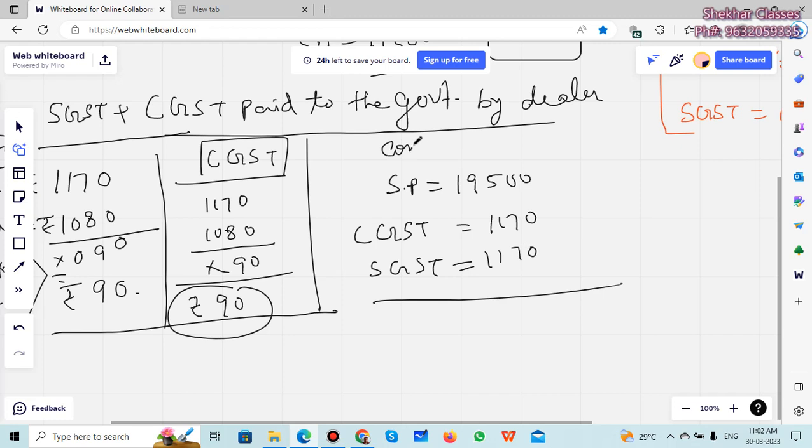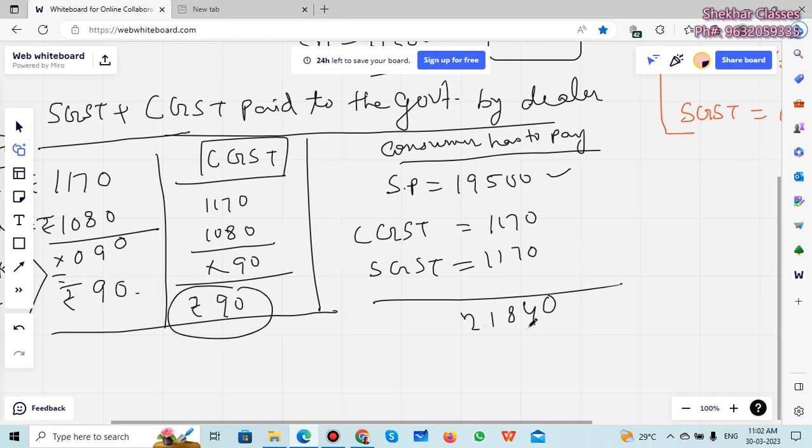So the consumer has to pay a total of how much? The selling price, which is the price that the dealer is selling at, plus CGST and SGST. Add them up, how much will that be? 0 plus 0 plus 0, 0. 7 plus 7, 14. 1 is there. So 1 plus 1, 2. 2 plus 1, 3. 3 plus 5, 8. And again 9, 8. 9 plus 1, 10. 10 plus 1, 11. 1, 1, 1 plus 2.